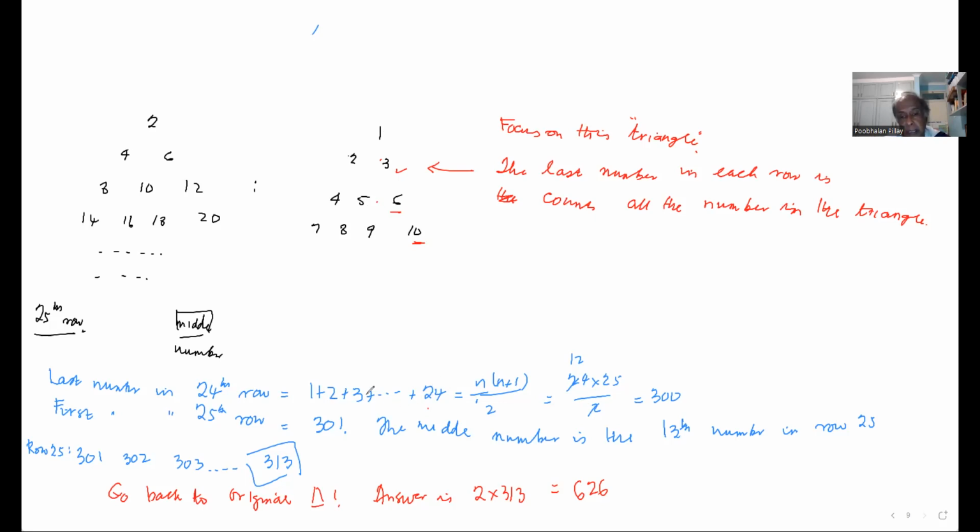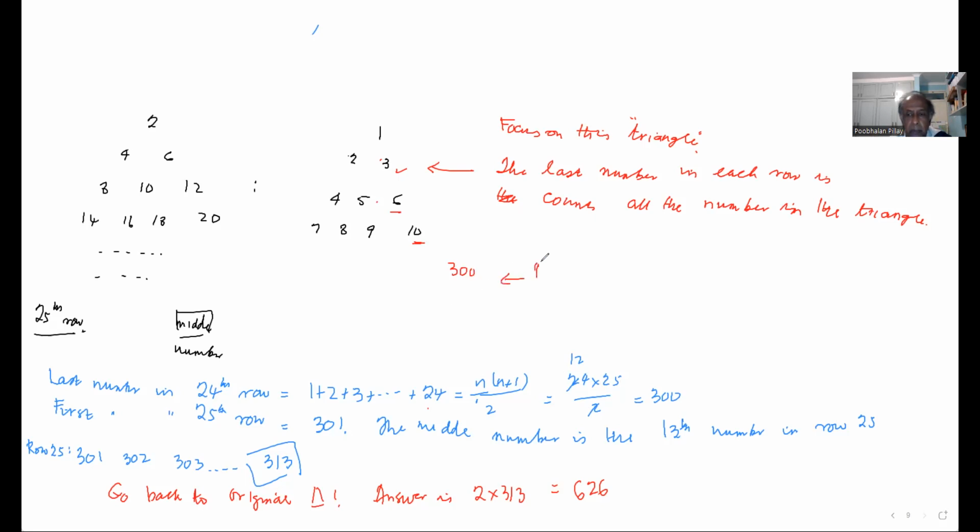This is the sum of the first natural numbers, and it is n times n plus 1 over 2. And n is 24. So 24 times 25, divided by 2. Cancel the 2s. 2 goes into 24 12 times, and 12 times 25 is 300. So the last number in row 24 is 300.